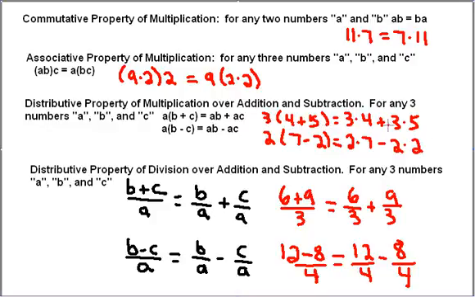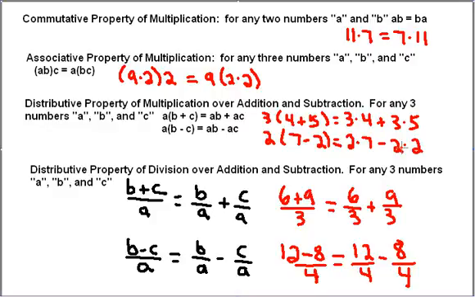That's what we have here. For our distributive property over subtraction, if we had 2 times parentheses 7 minus 2, that's the same thing as going 2 times 7 and then subtracting from that 2 times 2. And that's what we have over here, the distributive property over addition and subtraction.